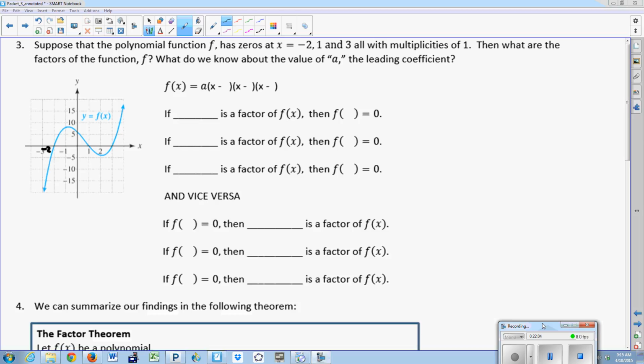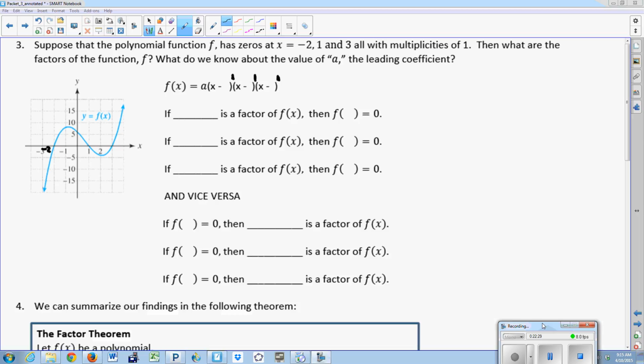So immediately I know in this factorization I can put 1s right there because all the factors are going to have multiplicity of 1 because they cross the x-axis. They go straight through, just like a line would. There's no wiggles like a cubic. It doesn't bounce and go back in the same direction. So all three of those zeros have multiplicity of 1.